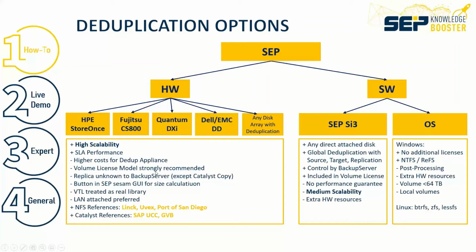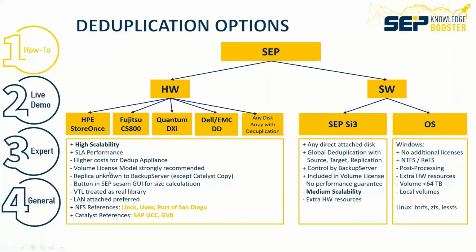From the backup software side, we really recommend that you use the volume license model. Just think of it. If it's configured as a VTL and you have thousands of small virtual tapes and you have to license the slots, this could be a significant price. But it's all included in the volume license model because you could use as many slots as you like.